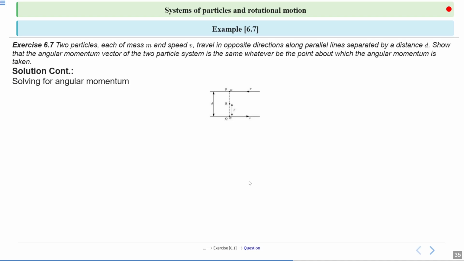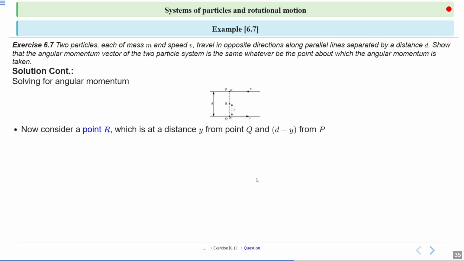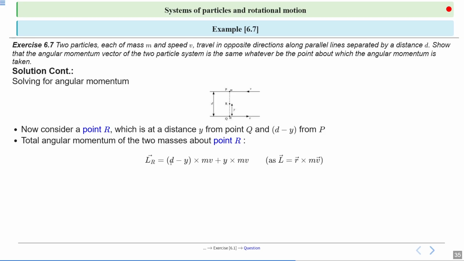Now solving for angular momentum, consider a point R which is at a distance y from point Q. So it will be d minus y from point P, so PR is equal to d minus y. The total angular momentum of the two masses about point R is (d minus y) into mv plus y into mv, because the angular momentum is position vector into momentum, that is mass into velocity.